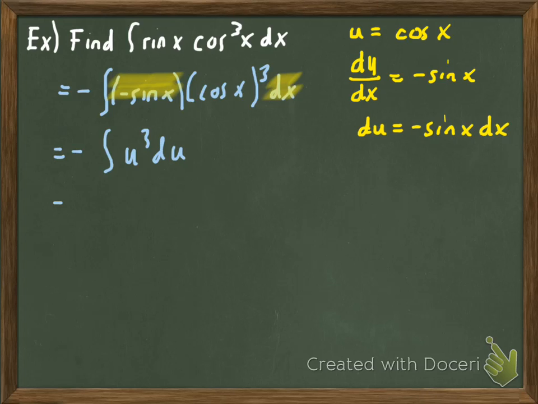And then this is going to be a simple power rule thing here. We're going to have negative 1 times 1/4 u to the 4th power plus c. Go ahead and rewrite this in terms of the cosine of x. We'll have negative 1/4 times the cosine to the 4th power of x plus c.